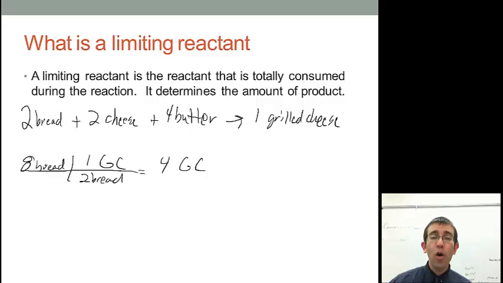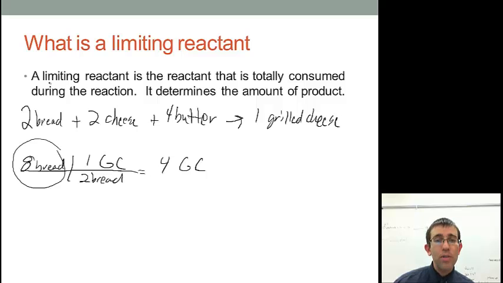If I use all 8 pieces of bread, how many pieces of bread do I have left? None. I have a ton of cheese and butter maybe left over, so my limiting reactant would be my bread. Based on the bread, I can only make 4 grilled cheese sandwiches.